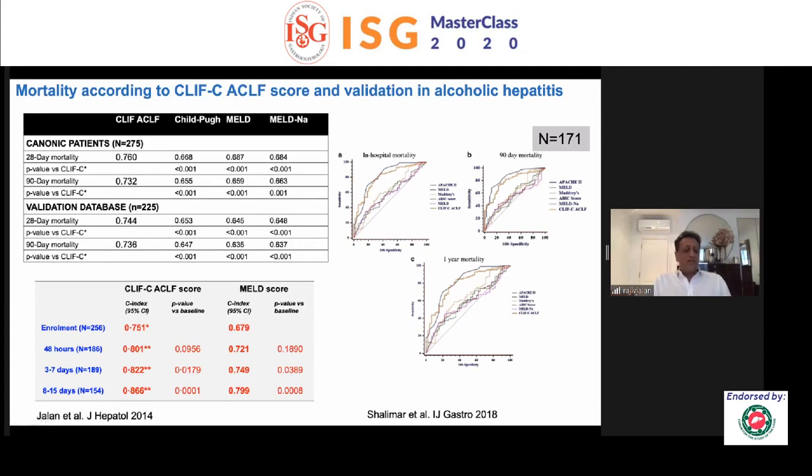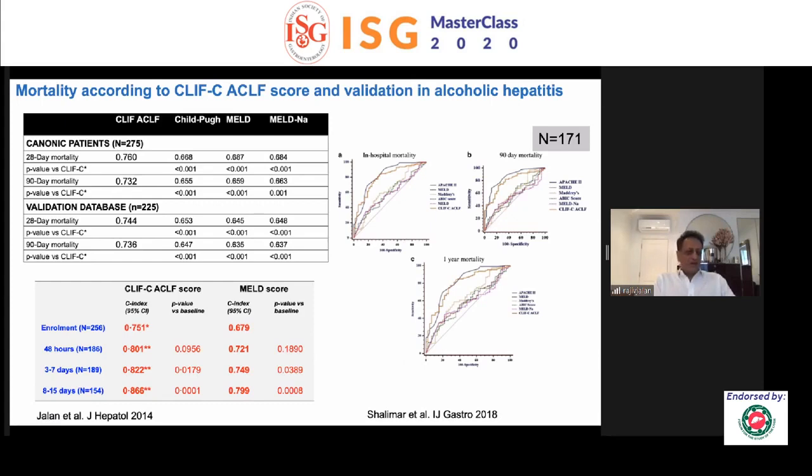And it's very, very nice to see that a score developed in Europe is validated in a slightly different population in India, predicting the risk of in-hospital mortality, 90-day mortality, and 1-year mortality. And he compares this with all the other scores, and there is a very clear distinction that the CLIF ACLF score can be used effectively in India to define the outcomes.